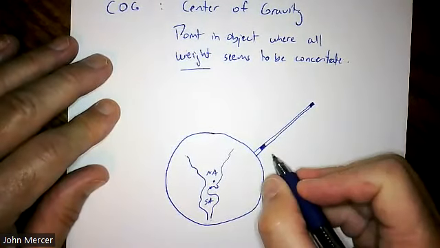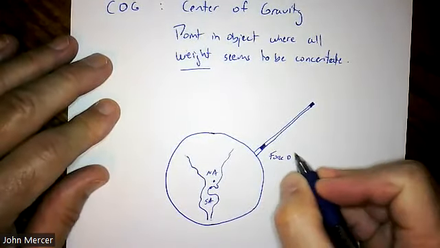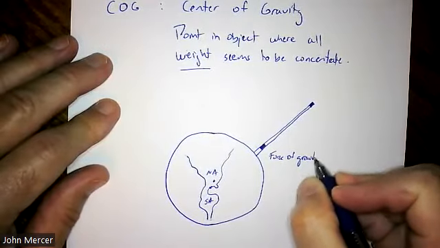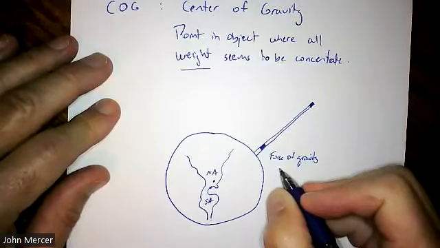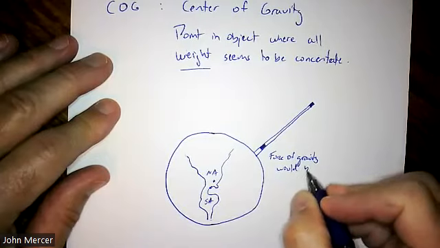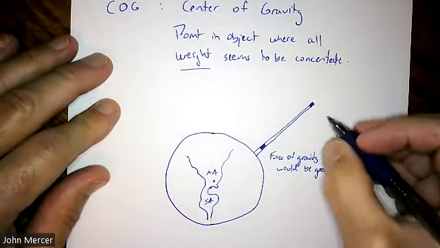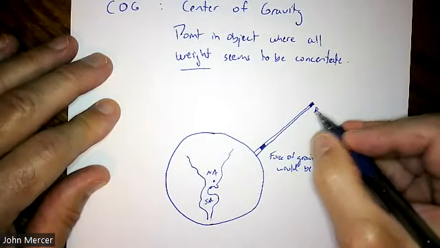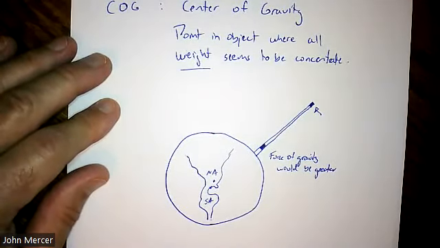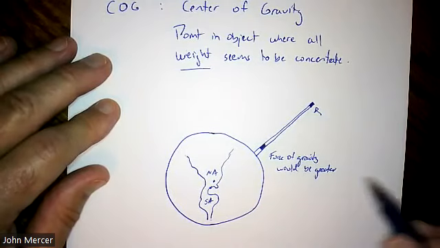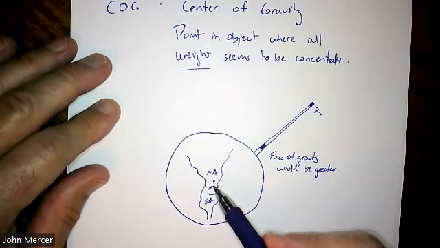The force of gravity would be acting greater here versus here. Why? Because this mass is further away from the center of the Earth.